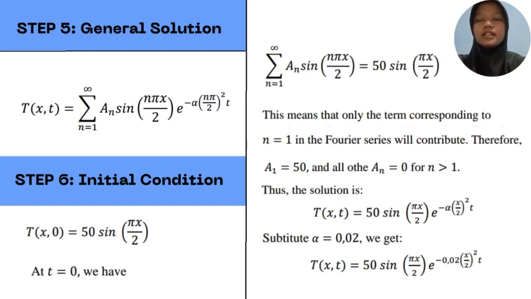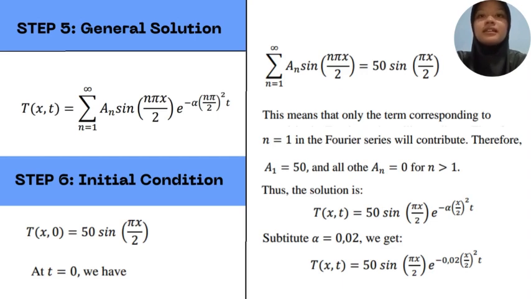Okay, next is the general solution. We get T(x,t) is equal to the sum of An sine of n pi x over 2 times exponential of minus alpha (n pi over 2) squared t, from n equal to 1 to infinity. And then the initial condition is T(x,0) is equal to 5 sine of pi x over 2, and at t equal to 0 we have the sum of An sine of n pi x over 2 from n equal to 1 to infinity equal to 5 sine of pi x over 2.